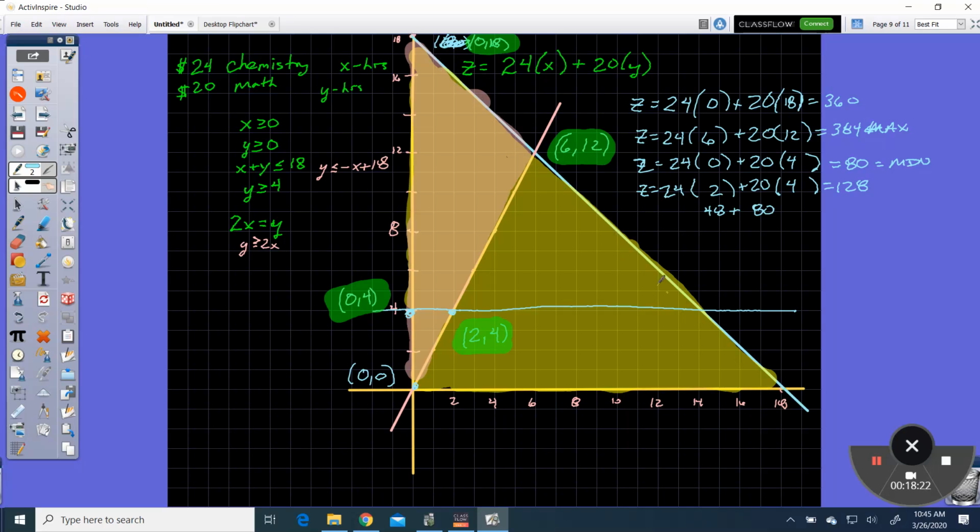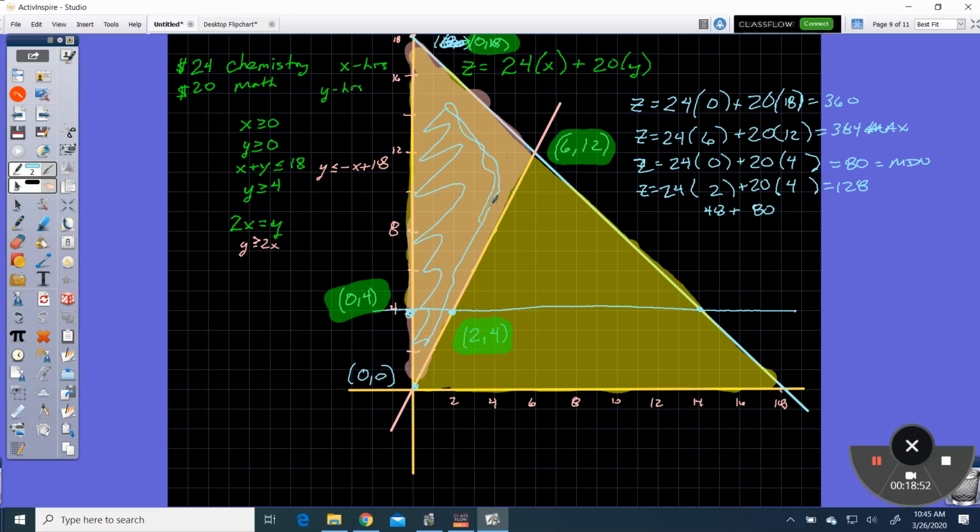So he can do 0 hours of chemistry and 18 hours of math. Okay, or he can't do 18 hours of chemistry, but he could do maximum 14 hours. Well, that doesn't work either. So it has to be on here in this shaded region.